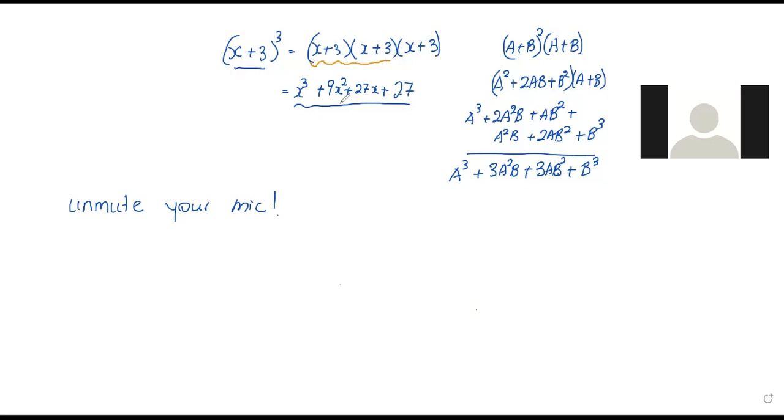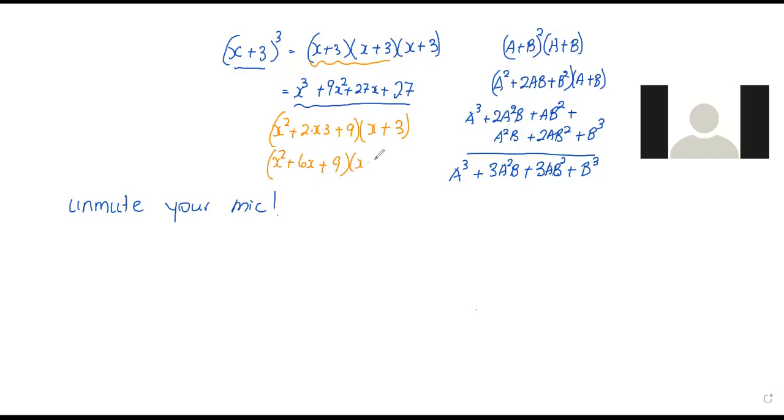For these first two here, that will be x squared plus 2 times x times 3 plus 3 squared, which is a 9, into x plus 3. This is x squared plus 6x plus 9.